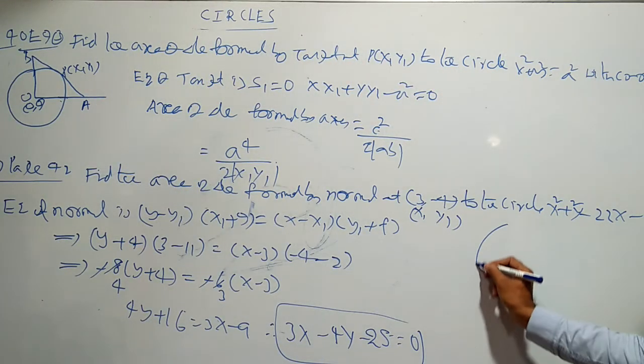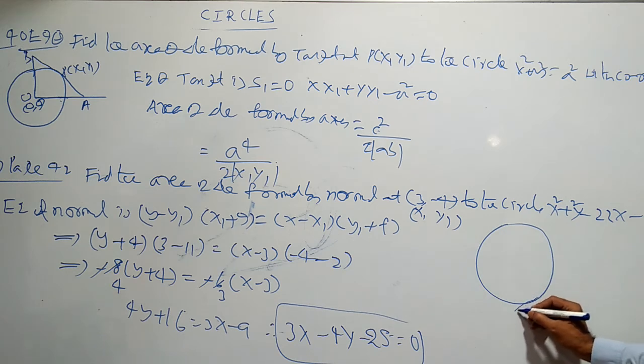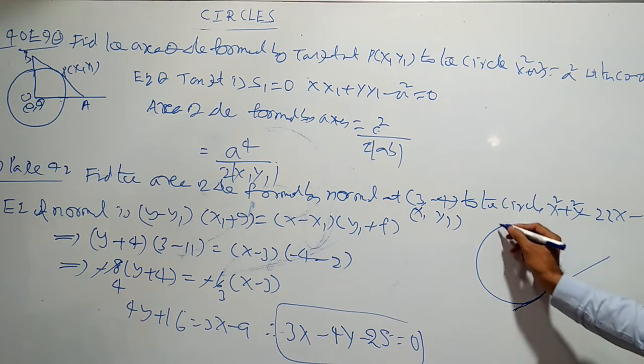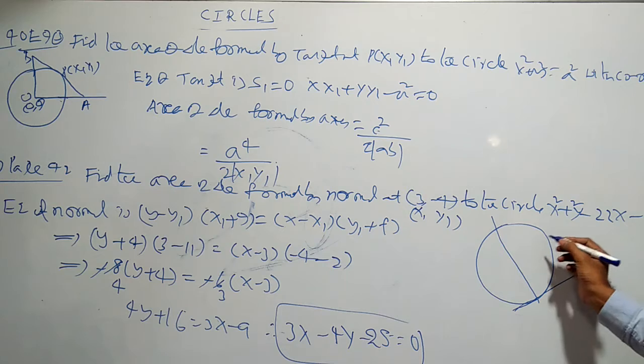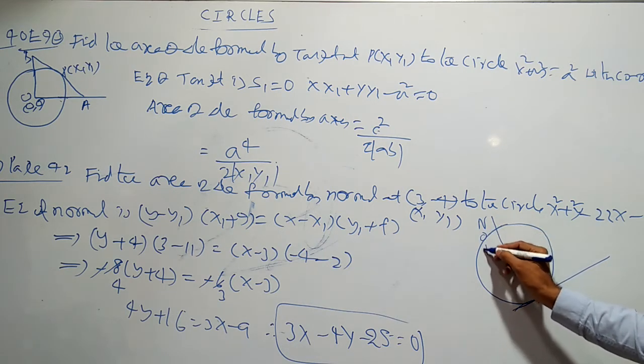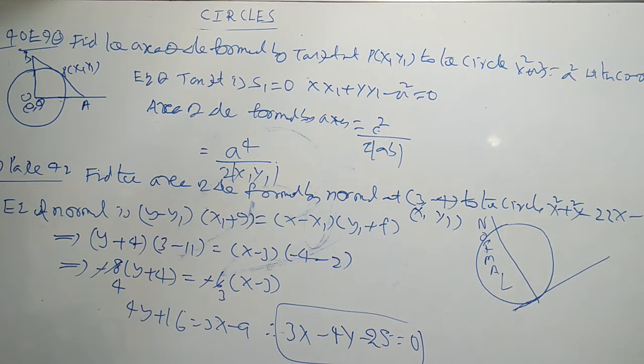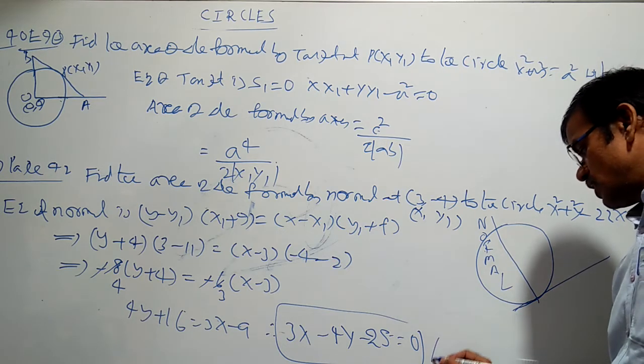3 comma minus 4. This is the circle. At (3, minus 4) you put the line. This is the normal, N. If the normal makes a triangle with the coordinate axes, then you should calculate the area of the triangle.